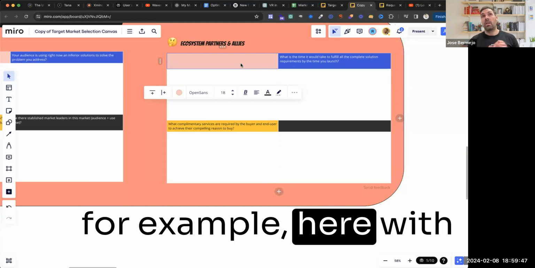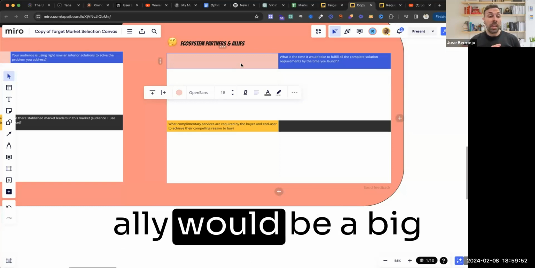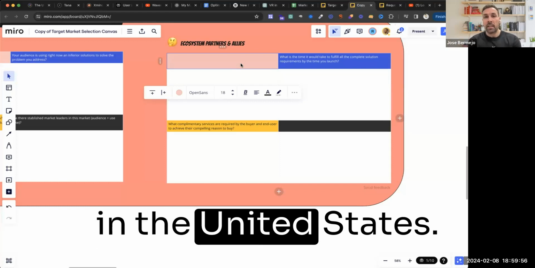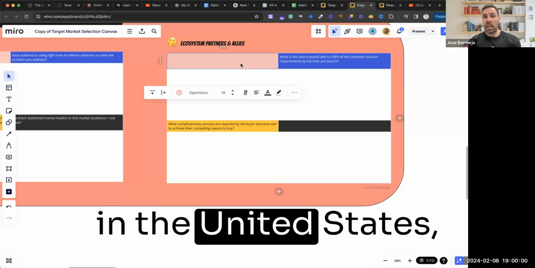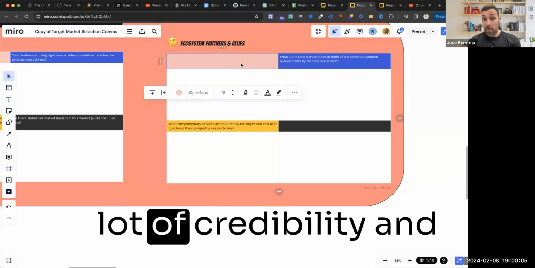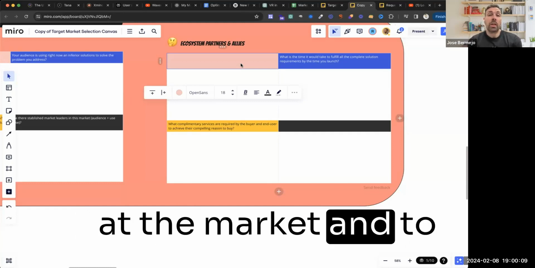For example, with this tool, we can think about partners and allies. A big partner ally would be a big realtor network or the Realtors Association in the United States. If we get a sponsorship with the Realtor Association in the United States and we can market through them, then we will drive a lot of credibility and it will be faster to educate the market and to get more customers, right?